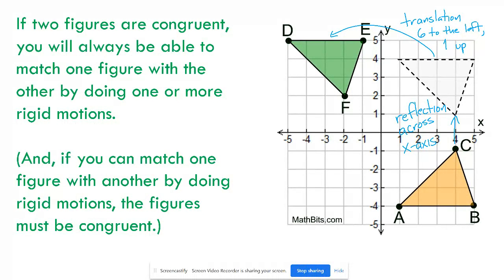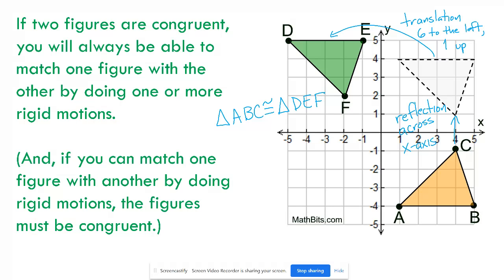And if you reflect it and translate it and you end up with this triangle right here, or you end up completely lining up with this triangle, that tells you that triangle ABC must be congruent to triangle DEF.